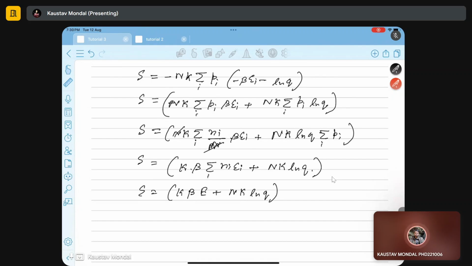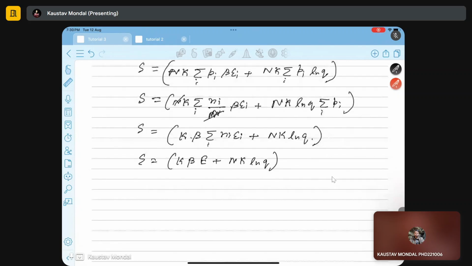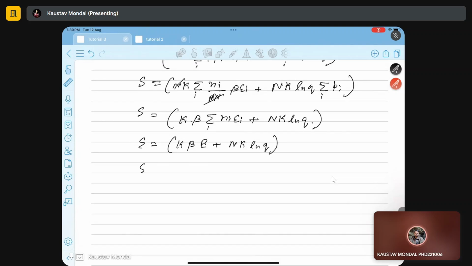So this is basically the expression of the entropy. You can write it further simplified. Beta is 1 by kBT, right? So you can write it as E by T plus nk ln q. Also you can write it in terms of internal energy, right? Ut minus u0 by T plus nk ln q.